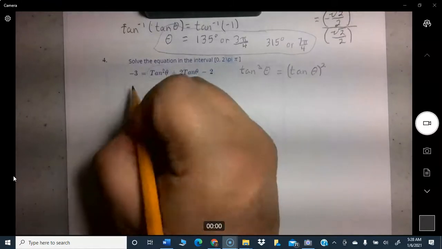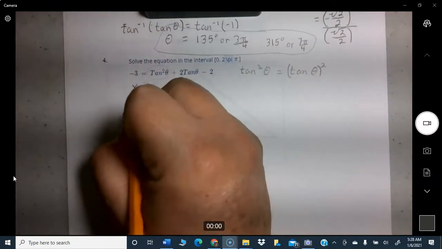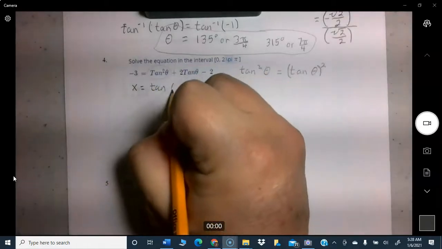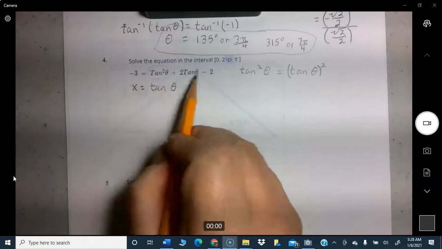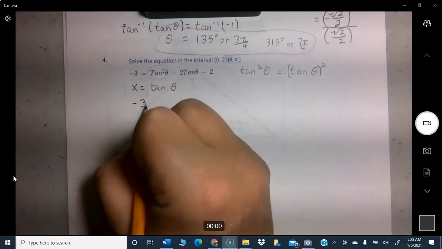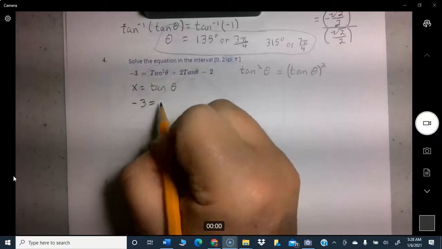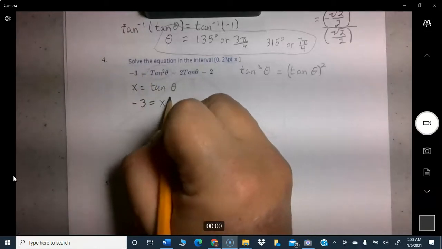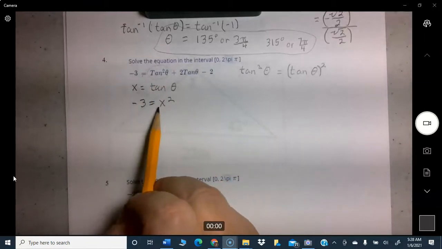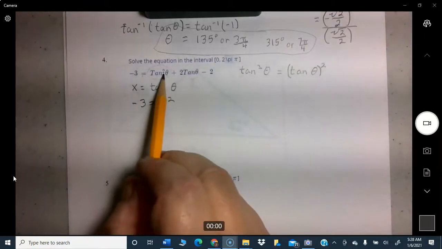Okay, so what we're going to do now is we're going to set x equal to tangent theta, and now we're going to write this equation. So we have negative 3 equals x squared. Okay, so tangent squared theta, if we substitute there, is x squared, tangent theta squared.